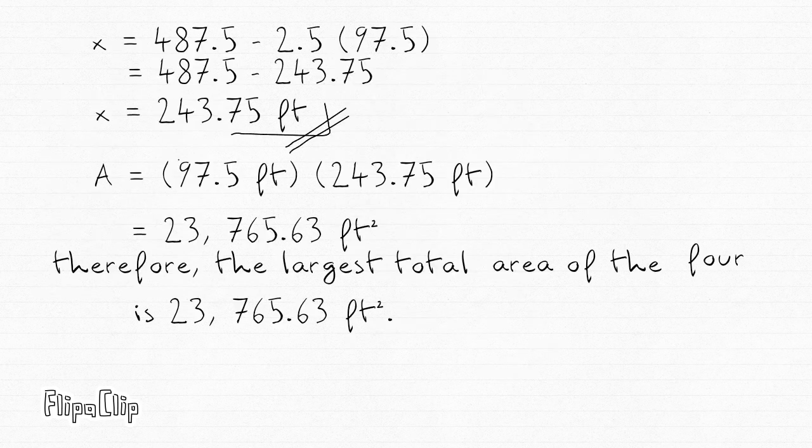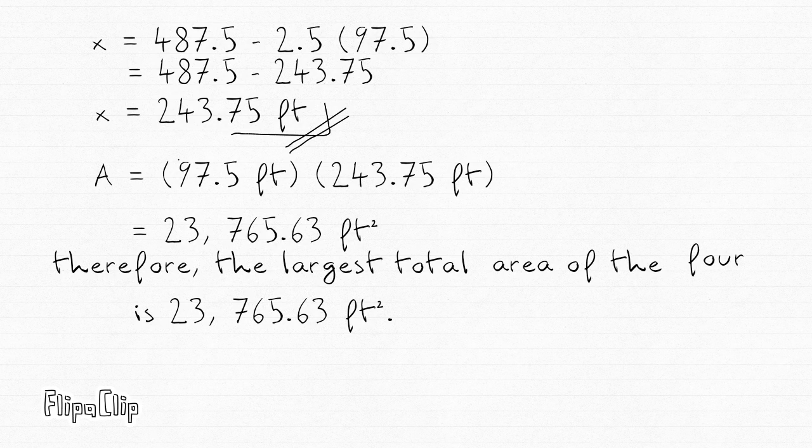To get the value of x, simply substitute y into 487.5 minus 2.5y. That is, x equals 243.75 feet. And we are not done yet. After this, we have to apply the formula of the area, which is x times y.